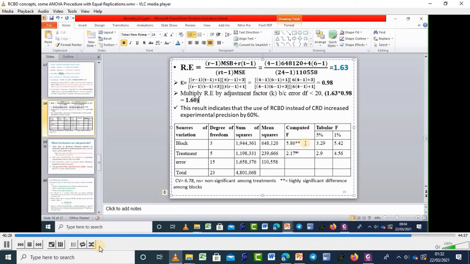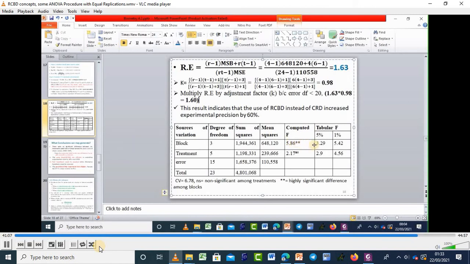If the calculated block value was less than that of 5%, we couldn't conduct or do a relative efficiency. If this indicates the presence of significant difference, we just need to see the extent of efficiency of using the design over CRD.